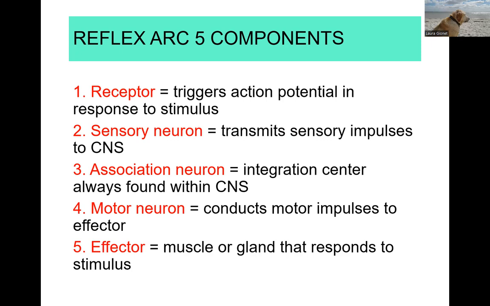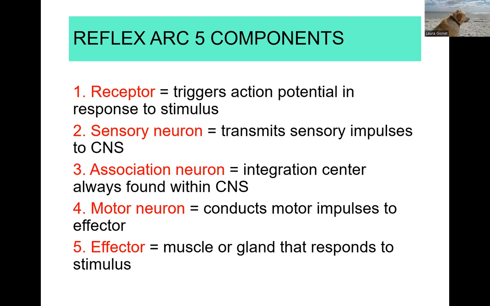Association neuron is the integration center, always found in the central nervous system. Their bodies, remember, are found in the posterior gray horn of the spinal cord. Then we had the motor neuron, whose bodies are found in the anterior gray horn of the spinal cord, which carries the impulse away from the central nervous system and terminates on the effector and stimulates it to do something.